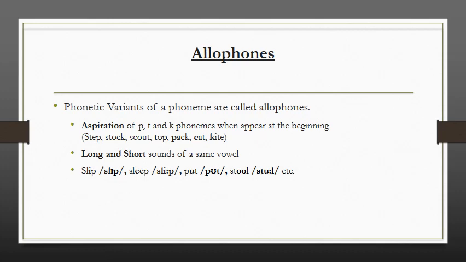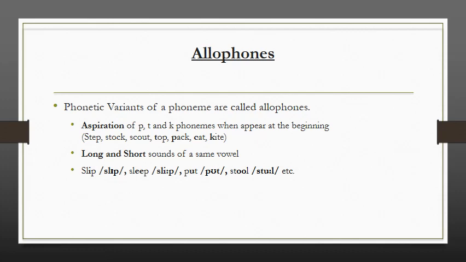Same is the case with the other phonemes p and k. If these three sounds appear at the beginning of a word, they are usually aspirated, pronounced with a simple explosion: ph, th, kh.